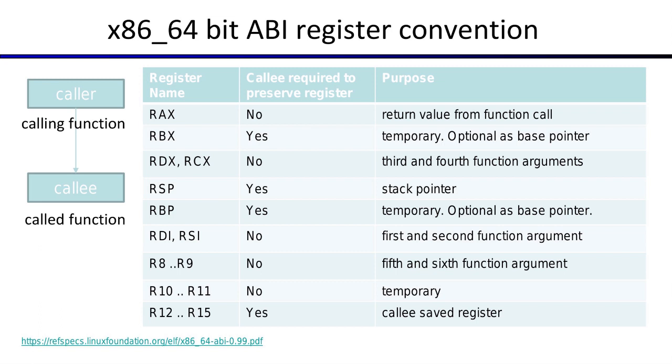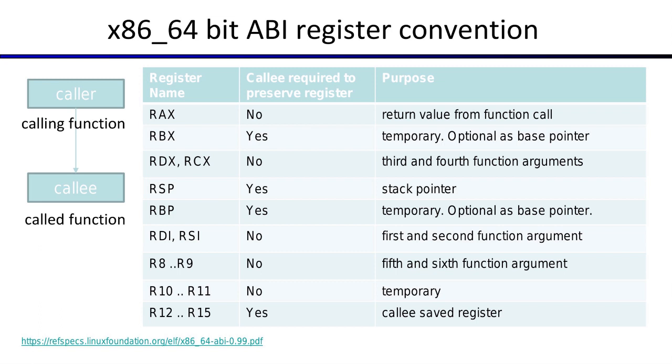Function A can call B, function B can call C, function C can call D. So in this whole cycle, there has to be some level of understanding of who owns which registers. We will divide it by the calling function, which is the caller, and the called function, which we call the callee. We are also looking at the general purpose register set, RAX through R15.